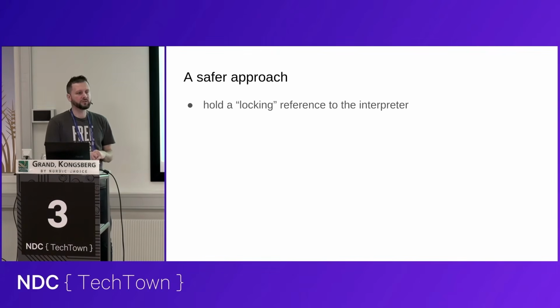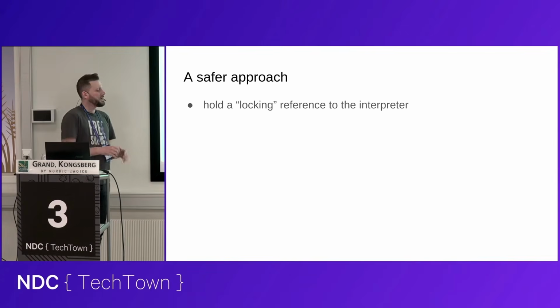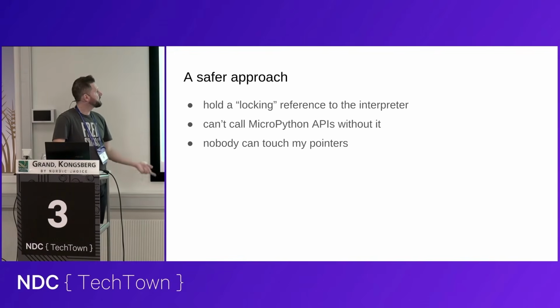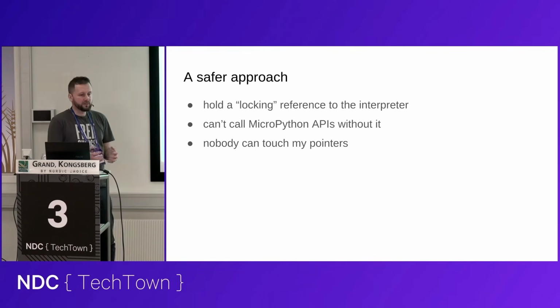So every function that can be called from MicroPython into Rust will magically get an additional argument. And this argument will be required to call MicroPython APIs, either mutably or immutably. And this will have a lifetime that you can replicate. And without this lock, you will not be able to touch anything.